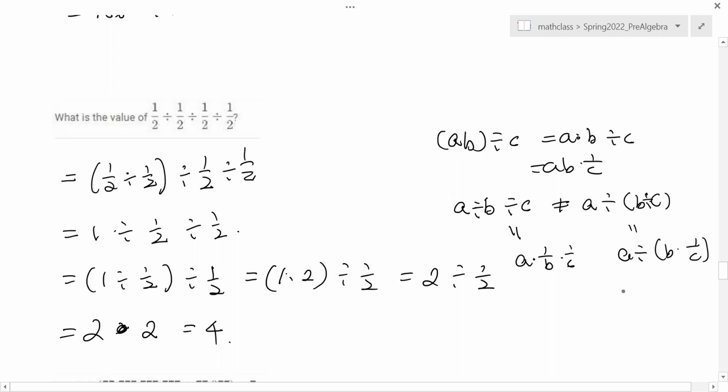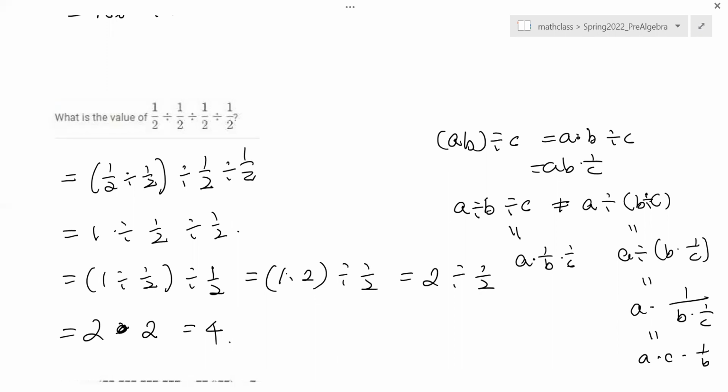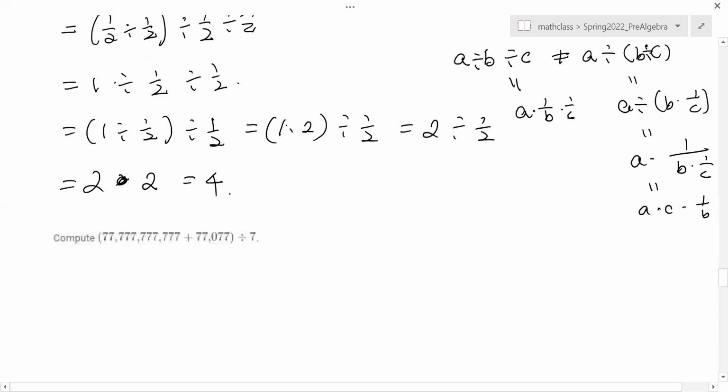Then you have A times 1/B times 1/C, and you can prove that. Then C can go to the top. Actually, it's going to be A times C times 1/B, but then they're not equal, clearly. So be careful when you put the parentheses there. It's easy to make mistakes.